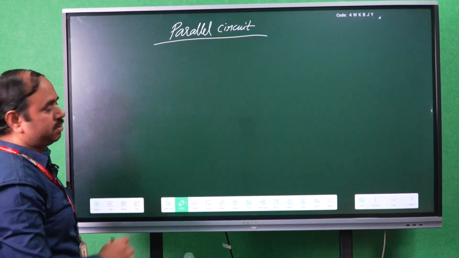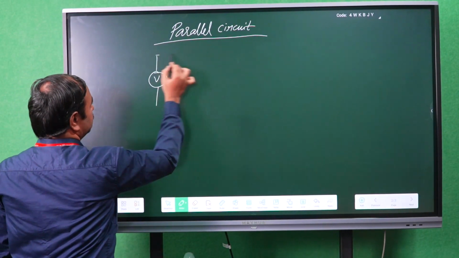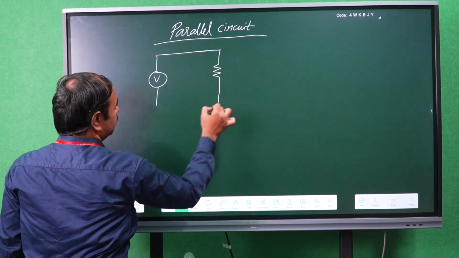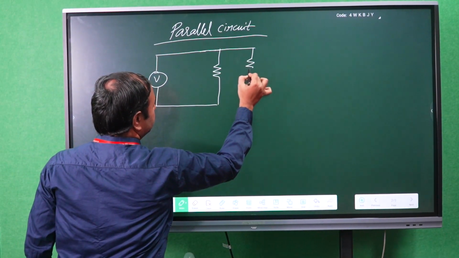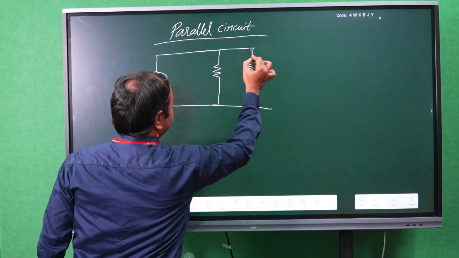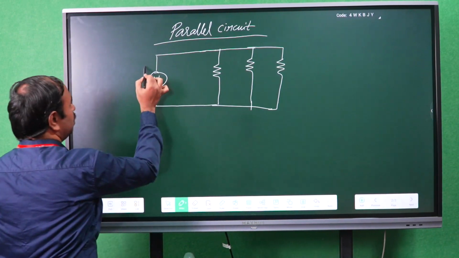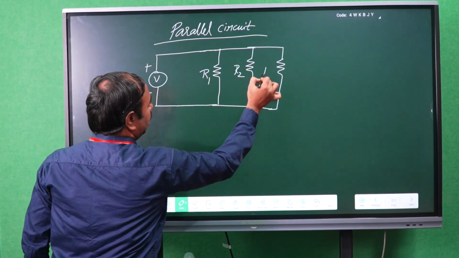So, parallel circuit: see here, I am drawing the resistances in parallel. V is the voltage source and the resistances are R1, R2 and R3.